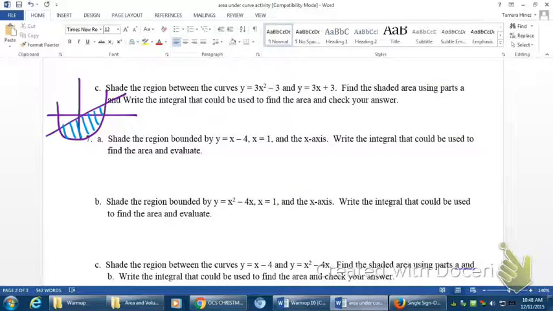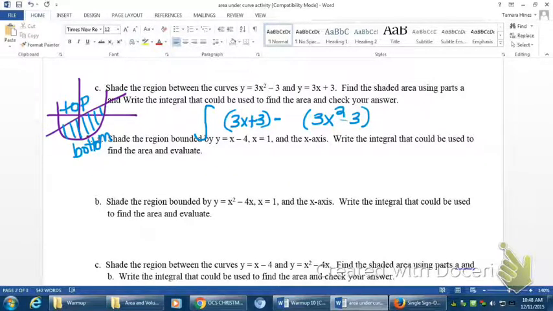So based on what we have already figured out on some of the other problems, if I want to find the area between those two curves, I'm going to take the top one and the bottom one and subtract. So I need to do the integral of the line and then I want to subtract the curve.